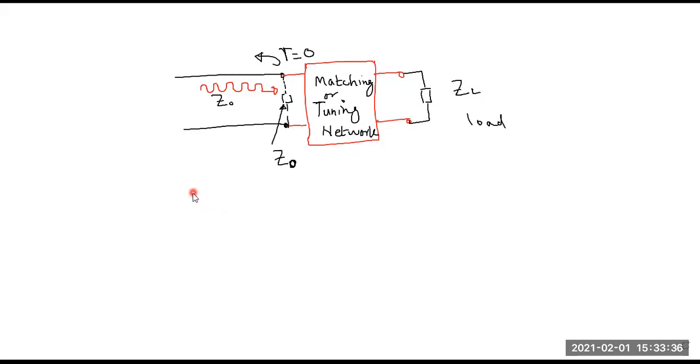This is how you can understand the operation or the characteristic of a matching network. This is what all matching networks will ultimately do. They will transform a mismatched load impedance to a matched load impedance. Because this was our problem: ZL was not equal to Z naught.